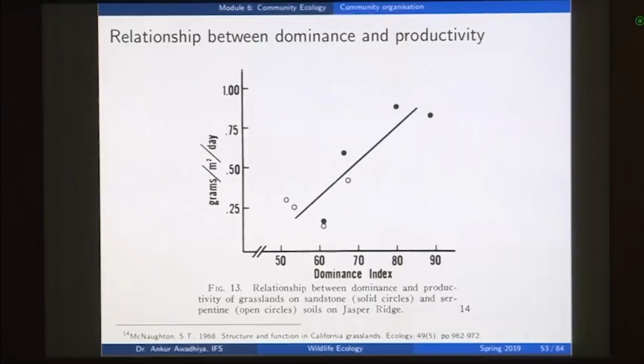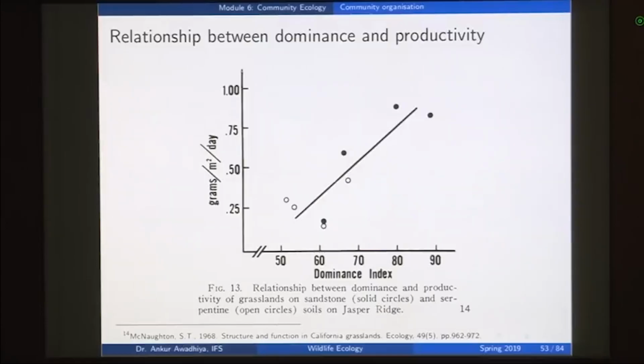So, if you have a community where some species are dominant, they are typically those species that have a very high level of productivity, and in those communities where you do not have a very high level of dominance, then most of the species that are there are either all very low productivity species, or else these species are spending quite a lot of energy in competing with each other, because none of them has a very high level of competence as compared to the other species.